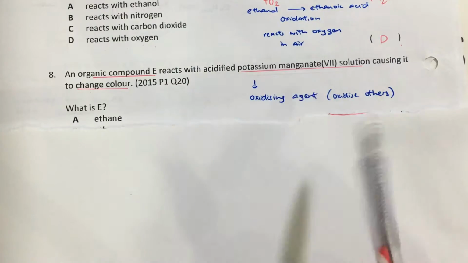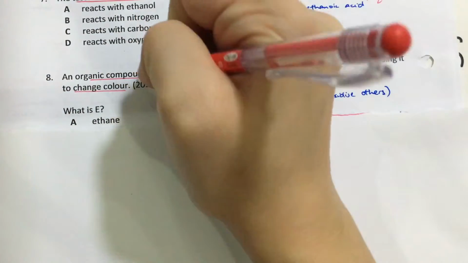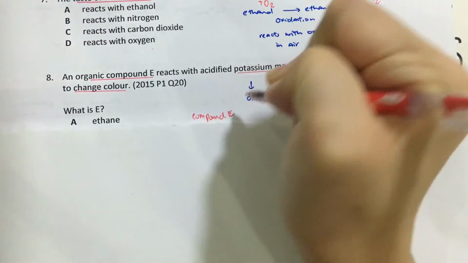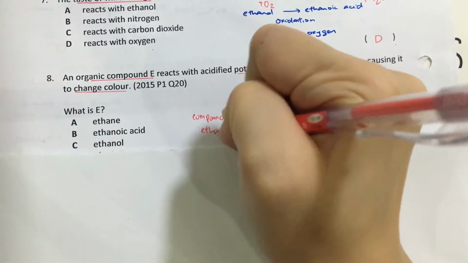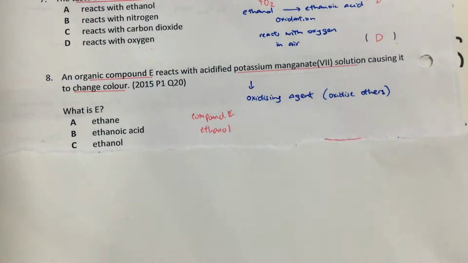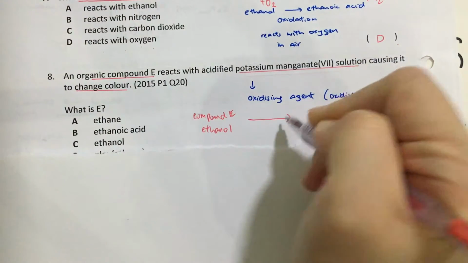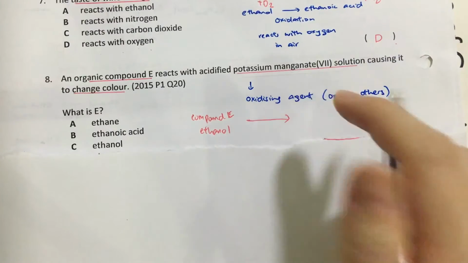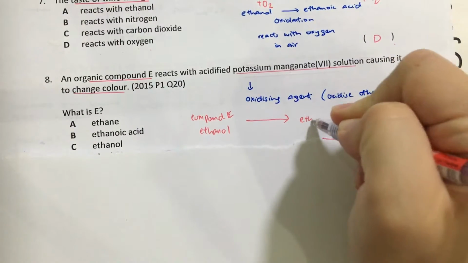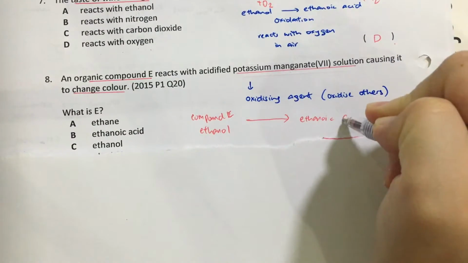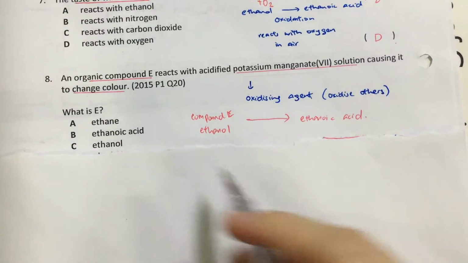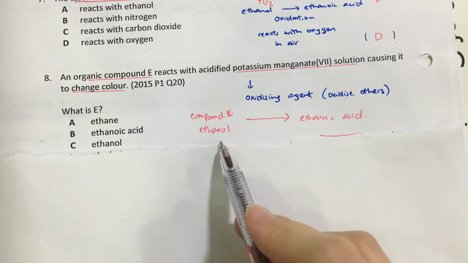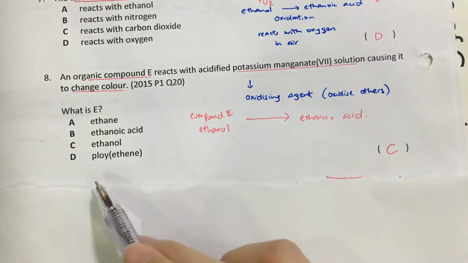So very likely what happened was this compound E is ethanol, and when we add the oxidizing agent, which is potassium permanganate, we get ethanoic acid. So they're asking what is E, what is the thing that reacted? The thing that reacted is ethanol. So our answer would be C.